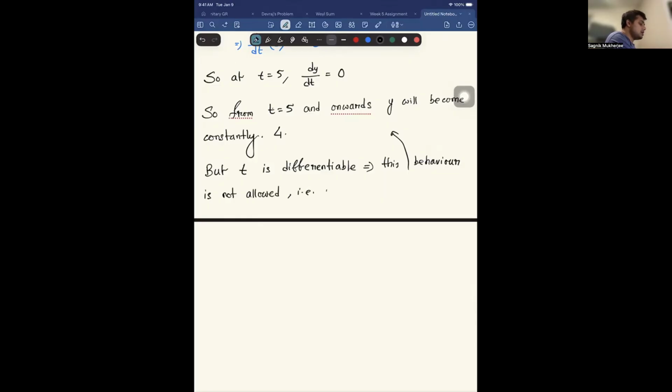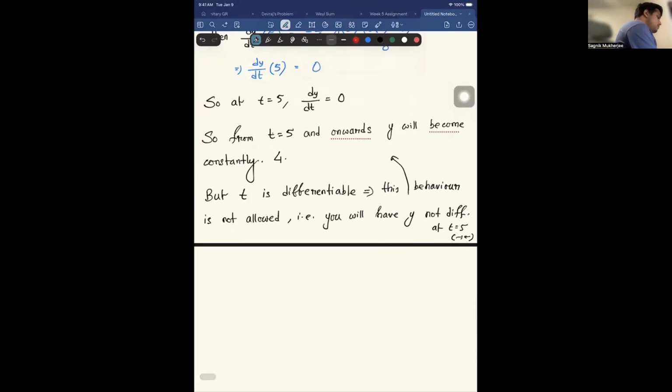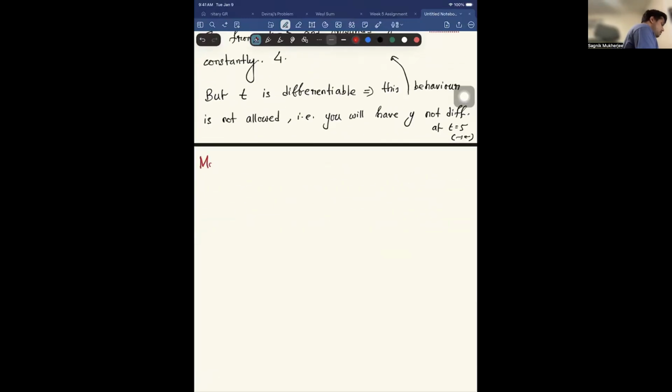That is, you would have y not differentiable at t equals 5, which is a contradiction, because the function y is differentiable everywhere. So what is the moral of the story? Moral: y can never become 4.